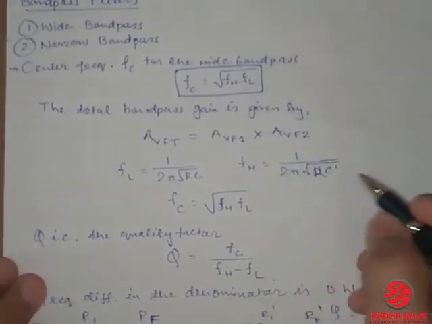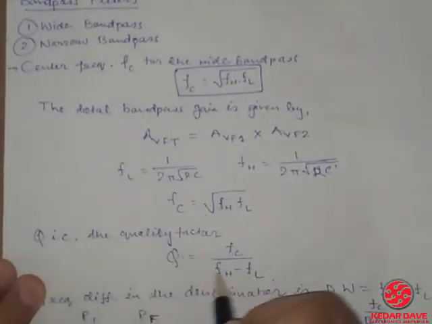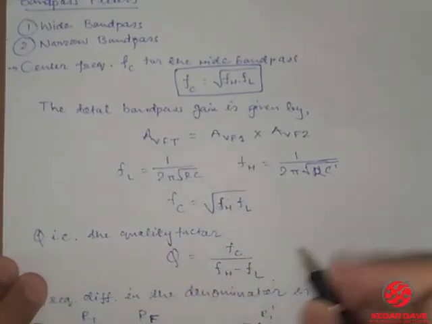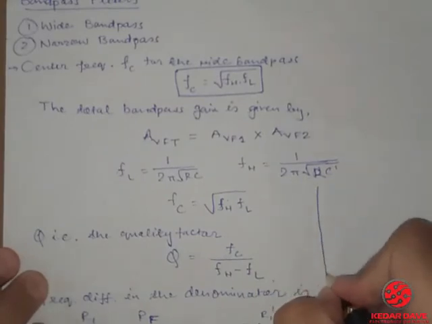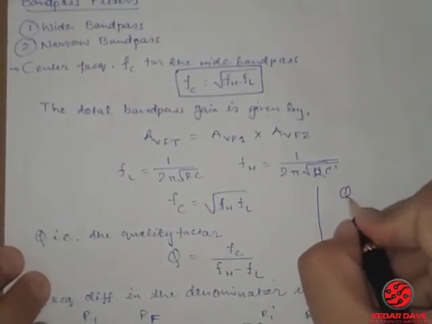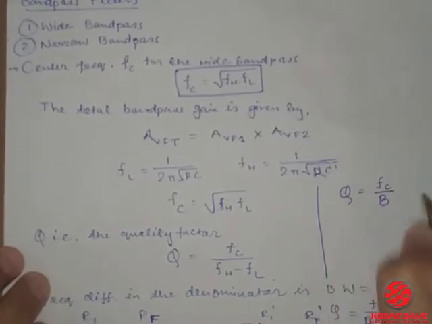So the quality factor, that is our Q factor, is basically given as Q equals Fc upon Fh minus Fl. In normal ways, Q can be defined as the cutoff frequency divided by the bandwidth.